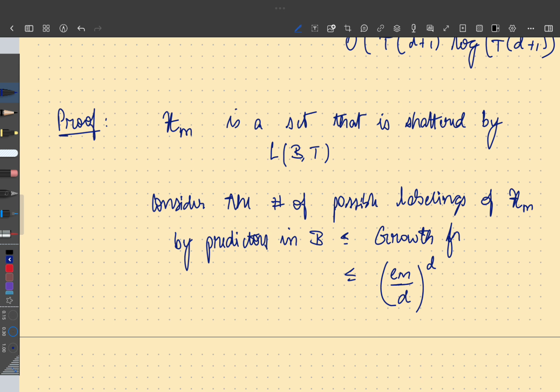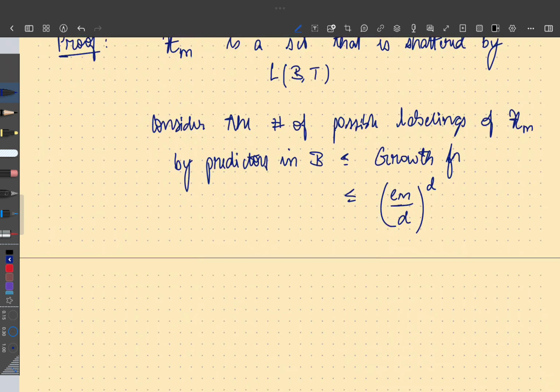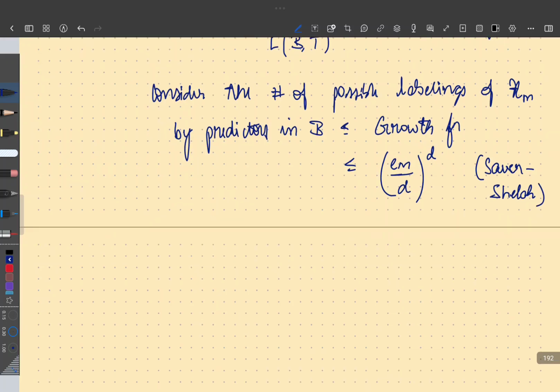This is what we get using the Sauer-Shelah lemma. So this is the number of possible labelings that we can get using predictors from B.